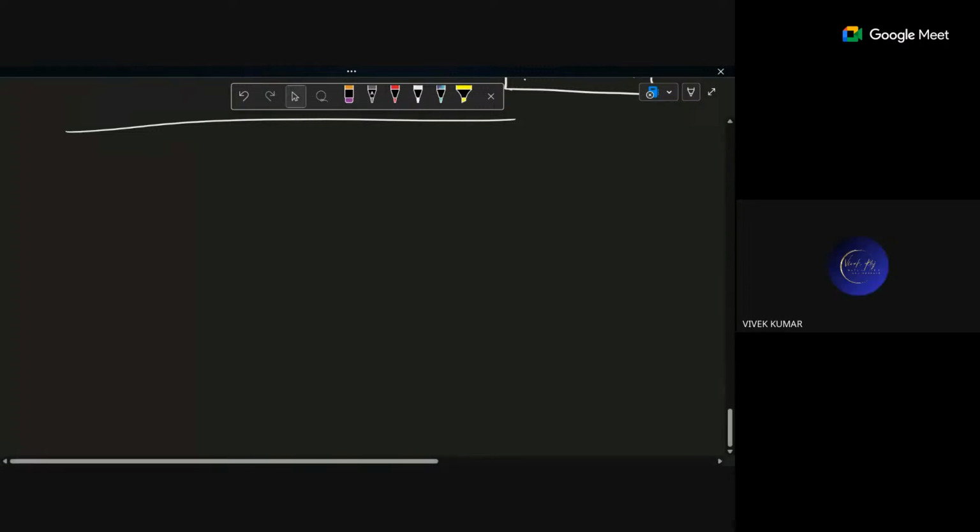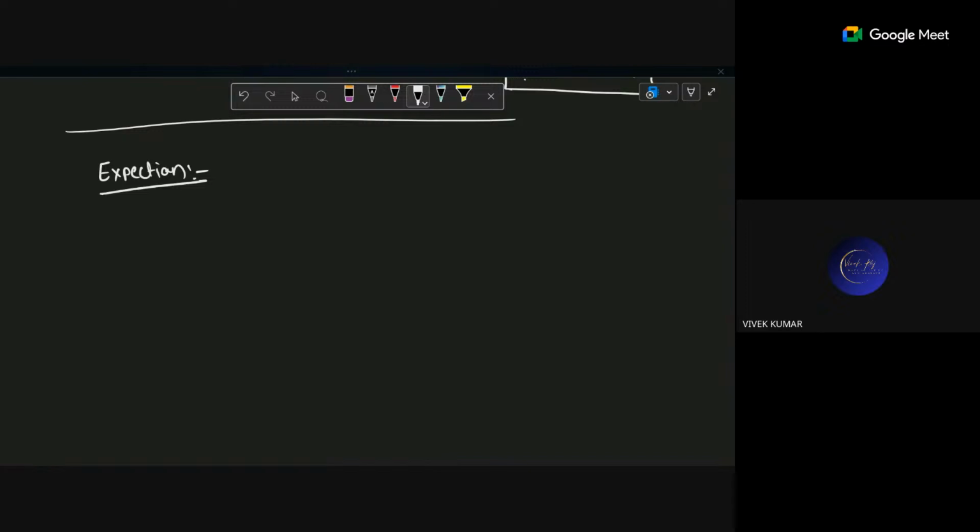Ma'am, one more question. Yeah. In activity 5.1, question number 1, can you solve it with the manual method, not using the theorem? Okay, let me check which question you mean.